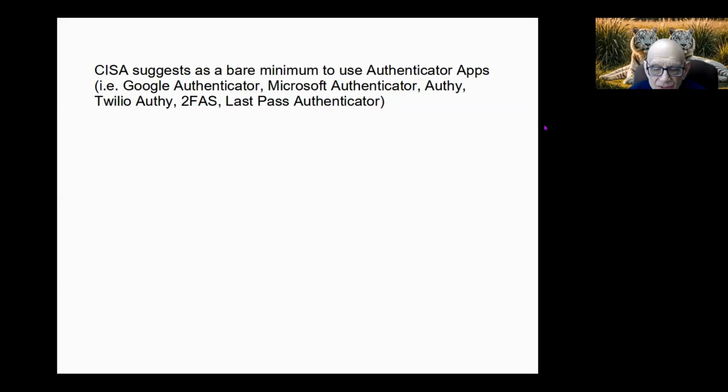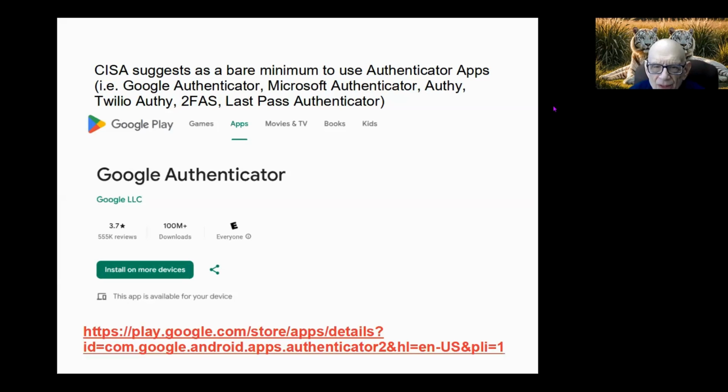And if the text messaging is not encrypted, then an authentication code sent to you can be intercepted. So they are recommending authenticator apps like Google Authenticator or Microsoft Authenticator, et cetera. There are many out there. Google Authenticator is one of them.